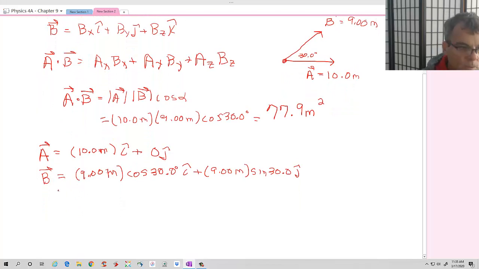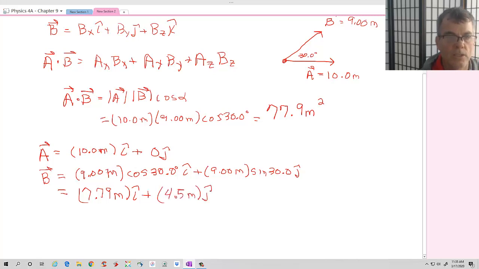Working this out, let's see what we get for B. So I have 9 times cosine of 30. So we get 7.79 meters as the x component of B, plus 9 times sine of 30, 4.5 meters in the j direction.